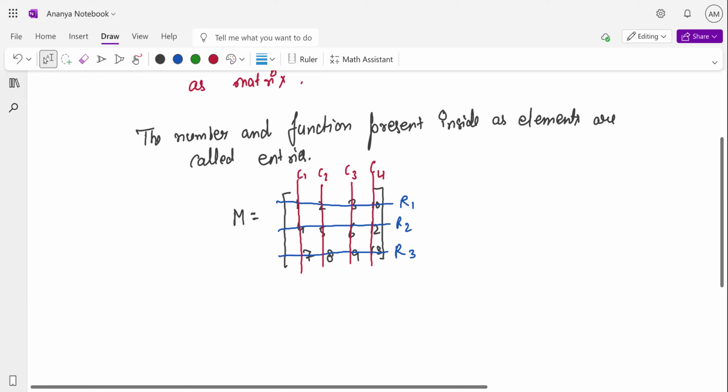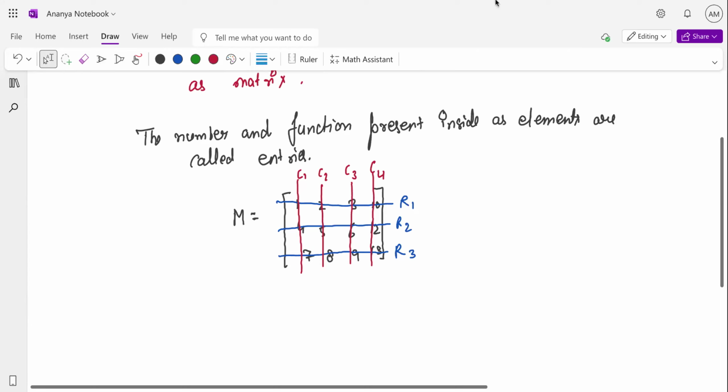So how do we actually represent the matrix, in which form? We represent it in the form of how many rows and columns there are.